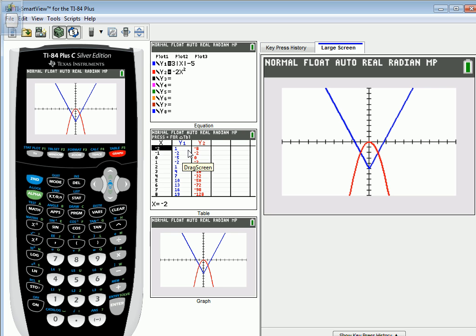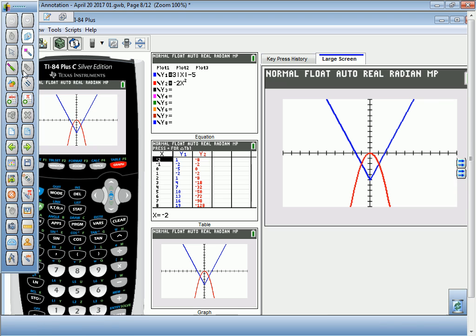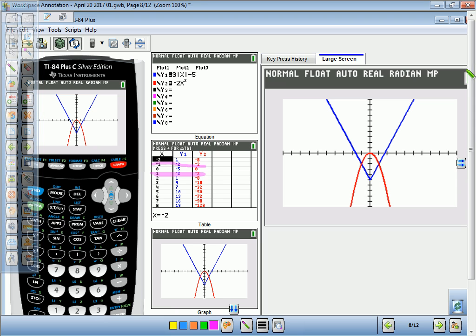Okay, for the second function, did you use the negative button instead of the minus? Got to make sure you use the negative, which is located right down here beside the decimal point. On the second one, you can't use the subtraction, you have to use the negative button. Okay, so we should be able to see right here one solution, and right here the other solution. And we can also see they don't cross anywhere else.